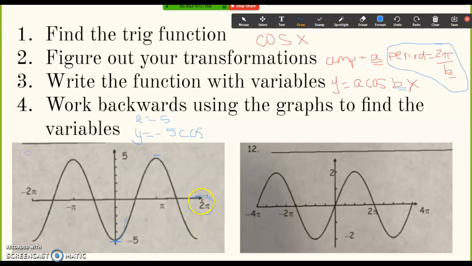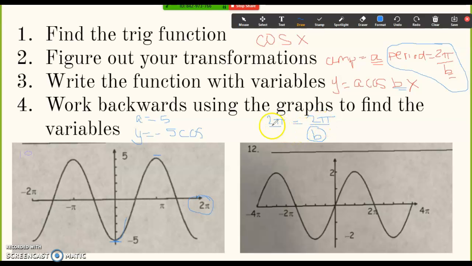So I am going to say 2 pi, which is my period, equals 2 pi over B. And I am going to solve for B. Or think to myself, what would I need to plug in for B in order to make both sides equal?